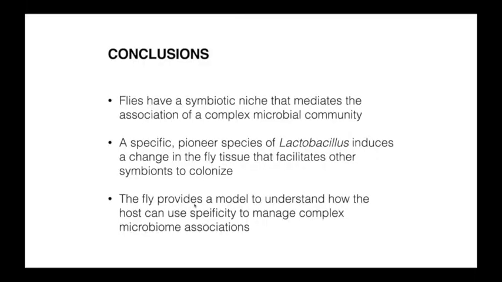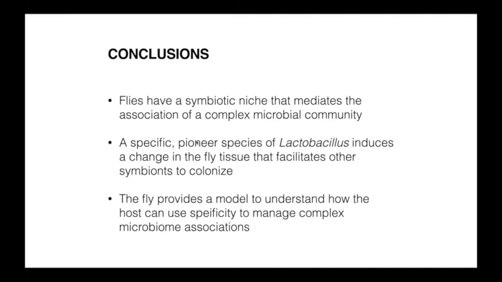But the key conclusion from the second part of the talk is that flies have a symbiotic niche. They're maintaining this structure in their gut, and it allows them to keep control over this complex community of 5 species of bacteria by really controlling the first species. So the specific pioneer species, Lactobacillus, induces these changes in the fly tissue that facilitate these other symbionts to colonize.